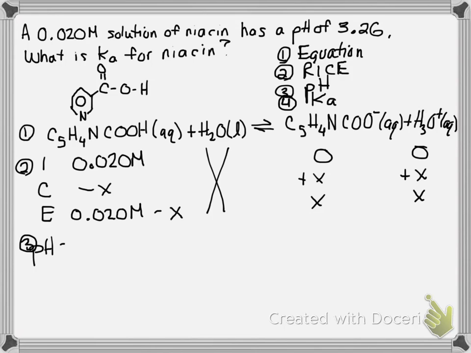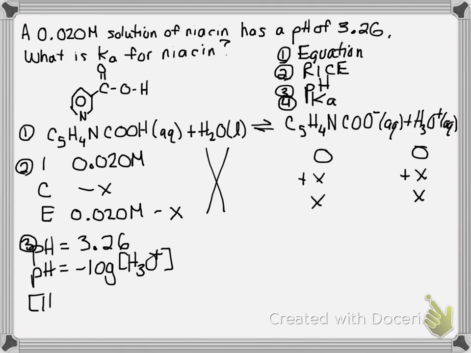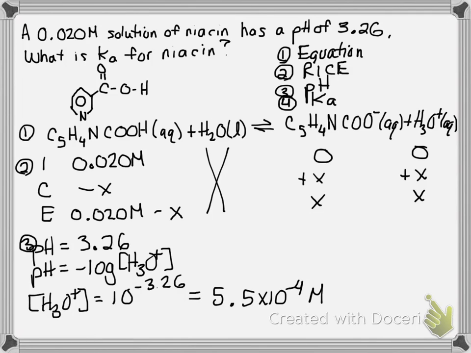Now what we're going to do is think about what we know about pH. We are told the pH is 3.26, and we know pH is negative log of hydronium concentration. So what that tells us is that we can find the hydronium concentration at equilibrium. Very important. The hydronium concentration at equilibrium is 10 to the negative pH, so 10 to the negative 3.26 in the calculator, rounded, 5.5 times 10 to the negative 4 molar.